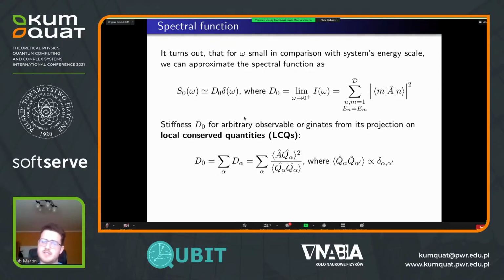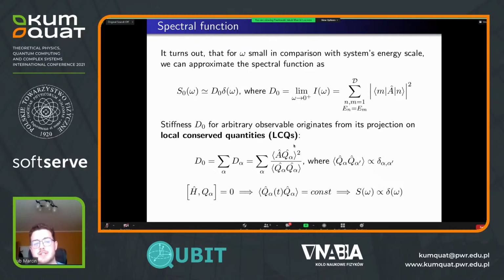So we know where this D0 comes from, but where does this delta come from? This is very simple because our Qs are conserved quantities. This means that they commute with the Hamiltonian. That implies that their autocorrelation function is constant, and the Fourier transform of a constant is just proportional to the delta function. So this is why we have this delta here.